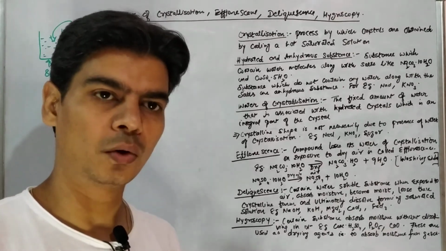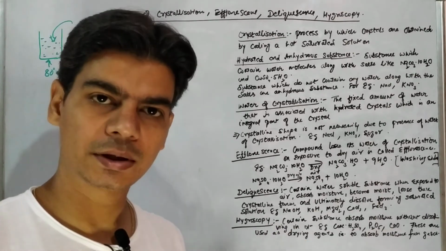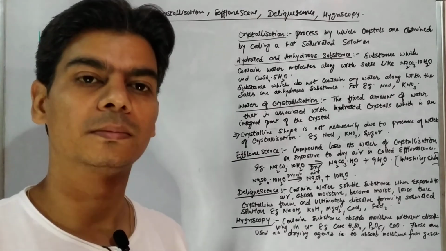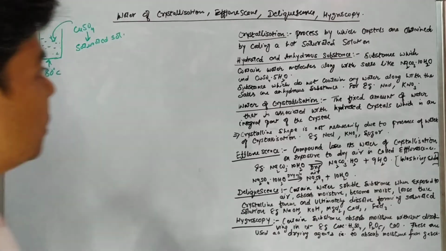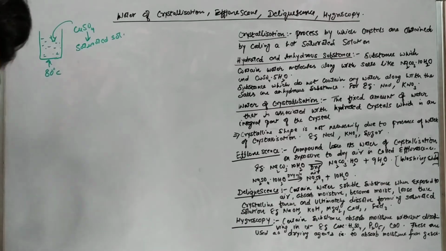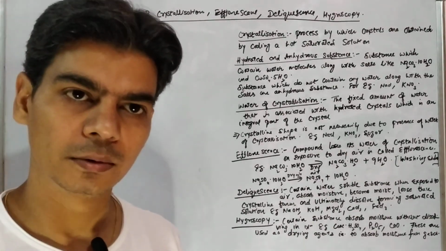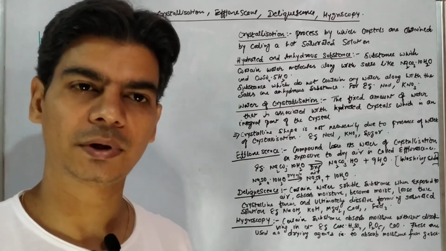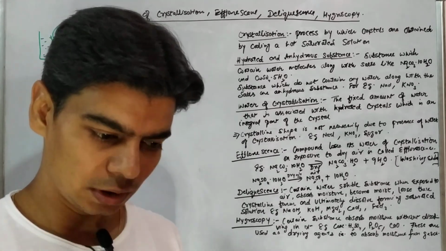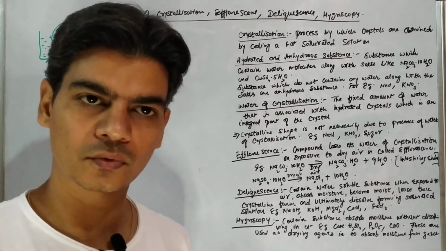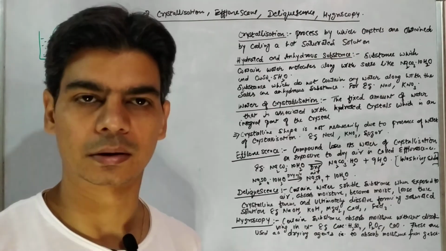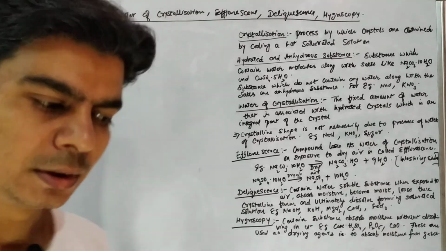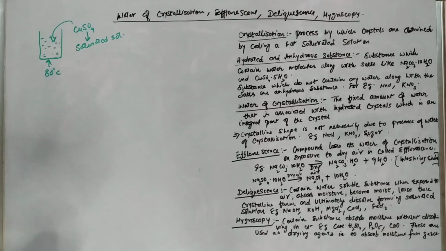When you allow that hot saturated solution of copper sulfate to cool, after some time, say after a day or half a day, you will notice crystals of copper sulfate settle down at the bottom of the beaker or container. This is known as the process of crystallization.